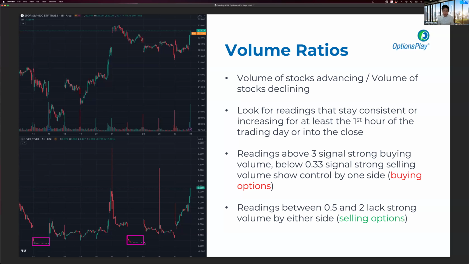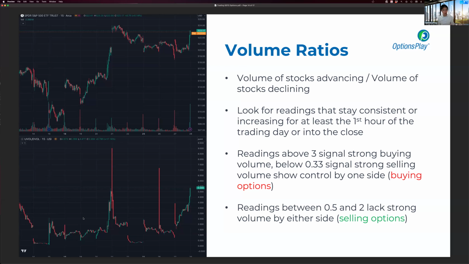Otherwise, nearly 80% of the time, sometimes you can even get a really strong read in one of these 4 indicators, and the markets still just go nowhere for that day. Which is why you have to look at them in conjunction with each other. And generally speaking, about 80% of the time, you're going to find yourself in a position where no one is maintaining control for that day.